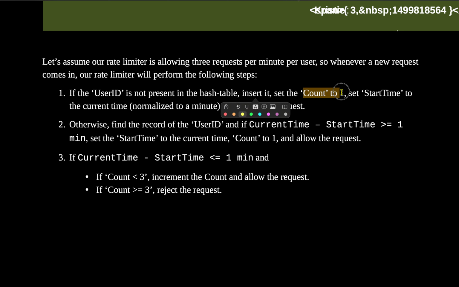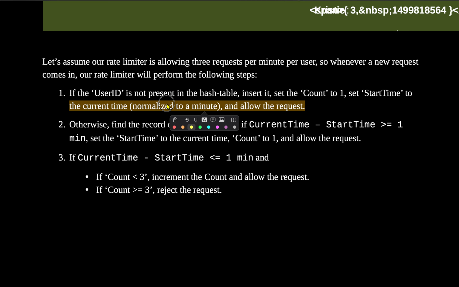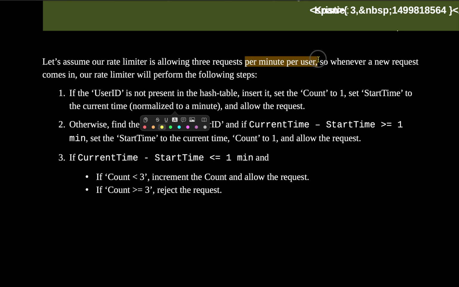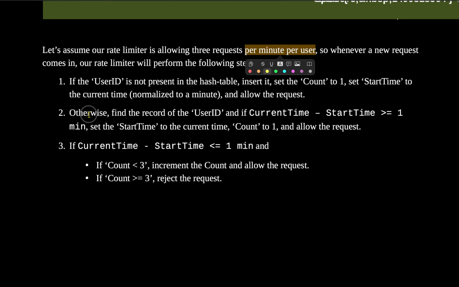Set the count as 1, because I have seen it right now and the count is 1, and the start time to the current time, normalized to minutes, and allow the request. Why are we normalizing? Because we are doing it per minute per user. If it was per second or half a minute, it would be likewise.